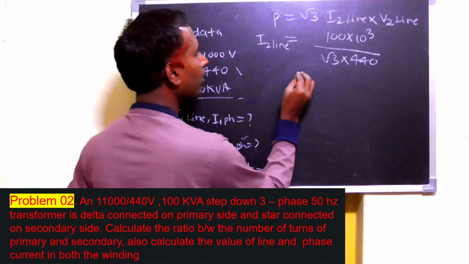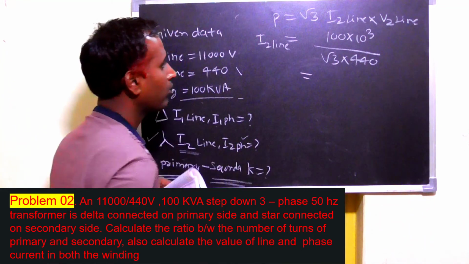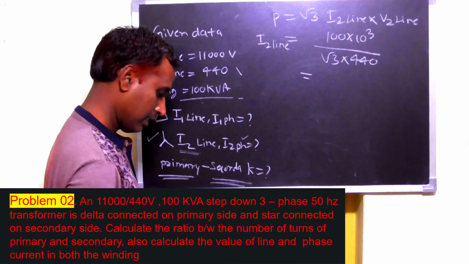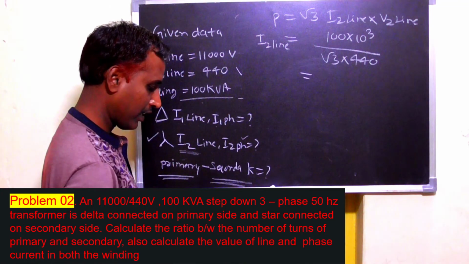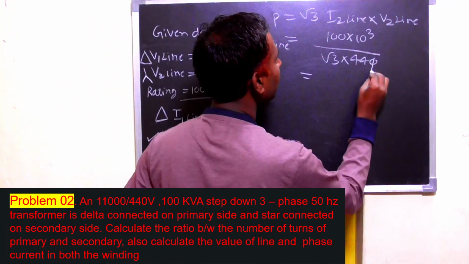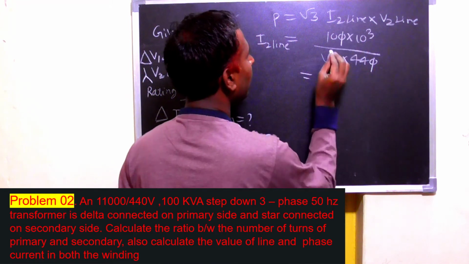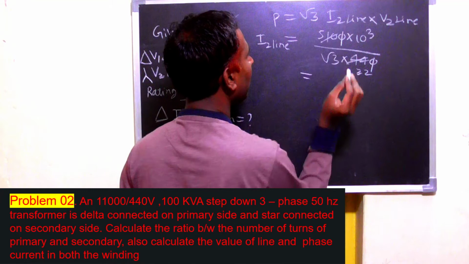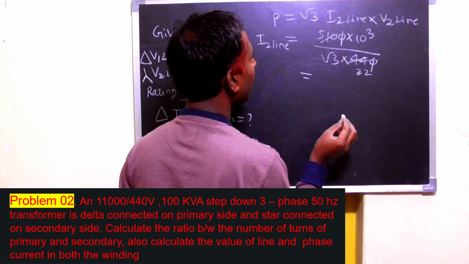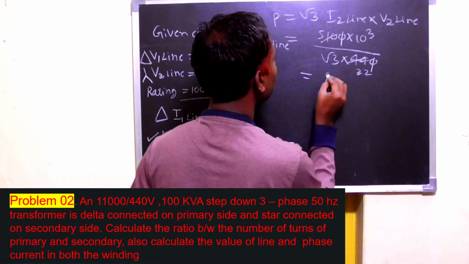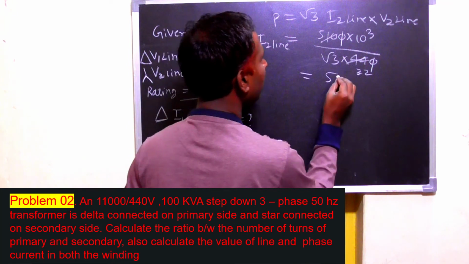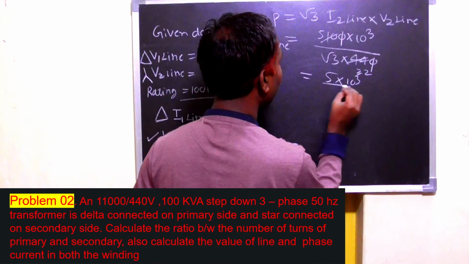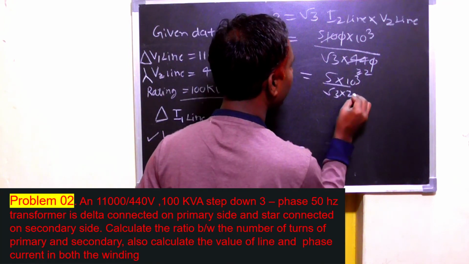Okay friends, so if I solve this I2 line, 100 and 10 raised to 3 divided by root 3 into 440. This is simple. This 0 gets cancelled, 2 2s are 2 5s are. So 5 into 10 raised to 3 divided by root 3 into 22.